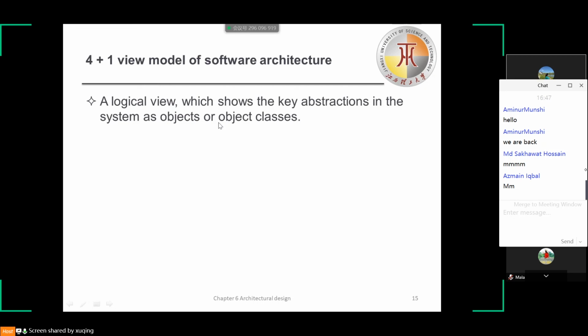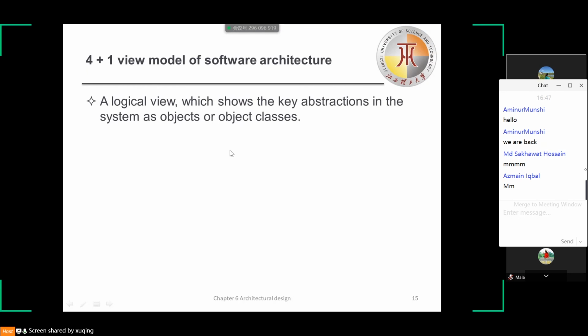It shows the key abstractions in the system as objects or object classes. It should be possible to relate the system requirements to entities in this logical view.